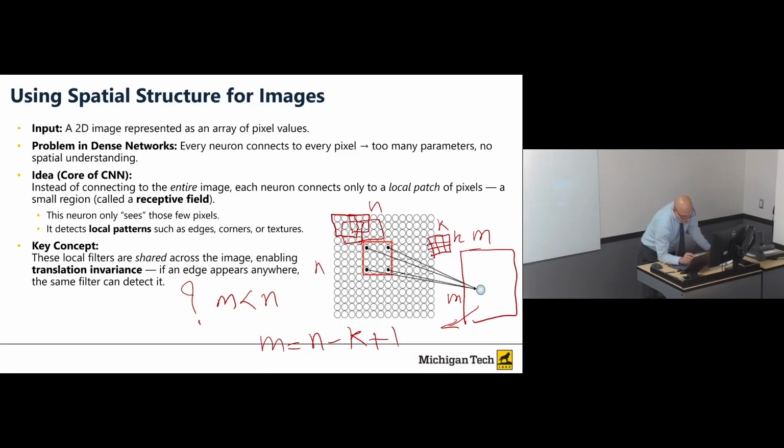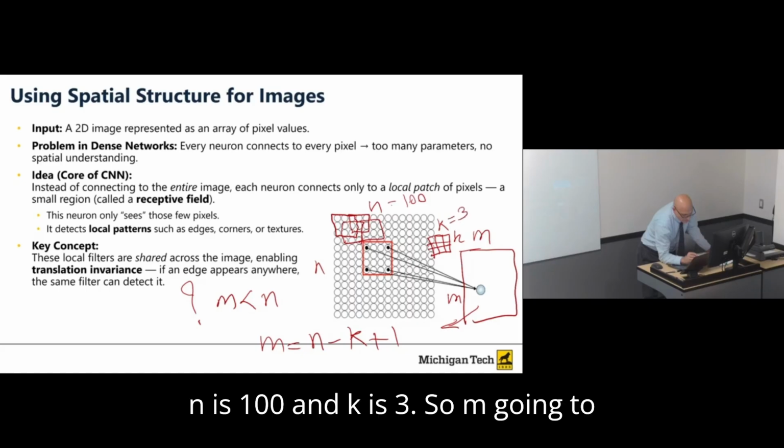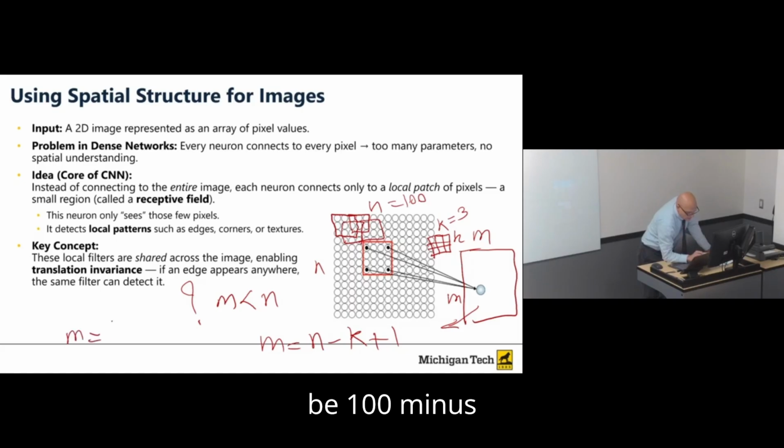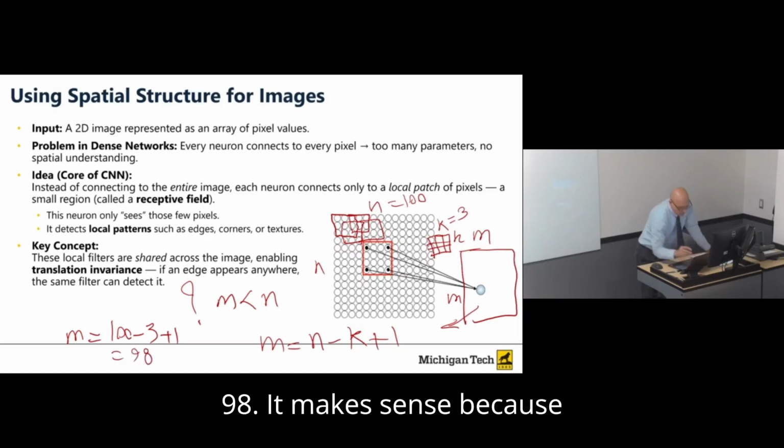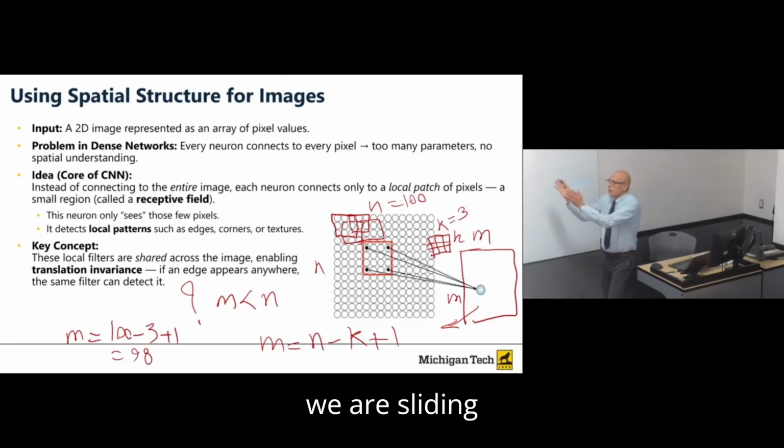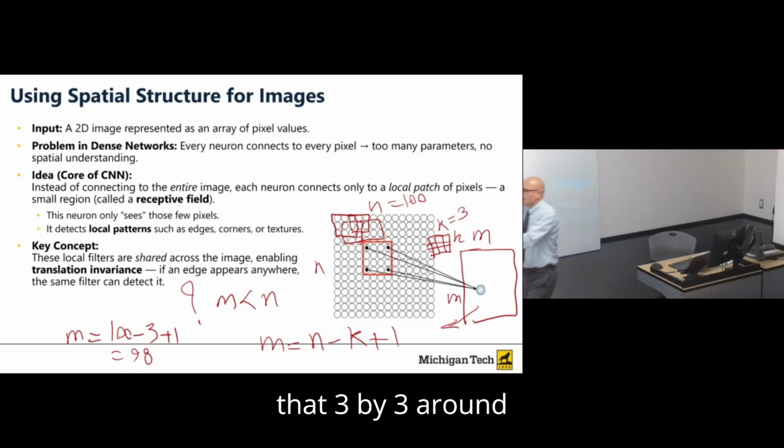For example, N is 100, and k is 3. So M is going to be 100 minus 3 plus 1, 98. It makes sense because we are sliding that 3 by 3 around.